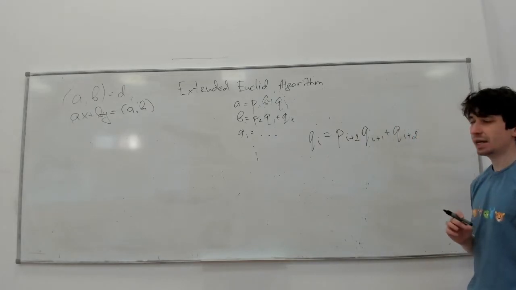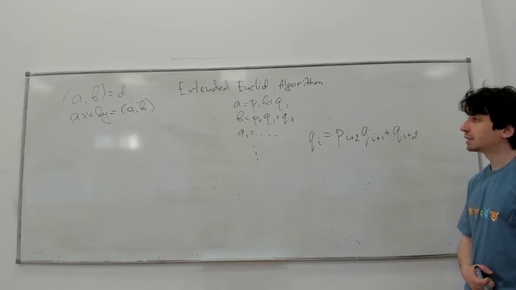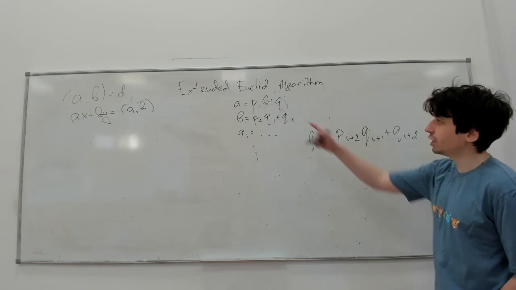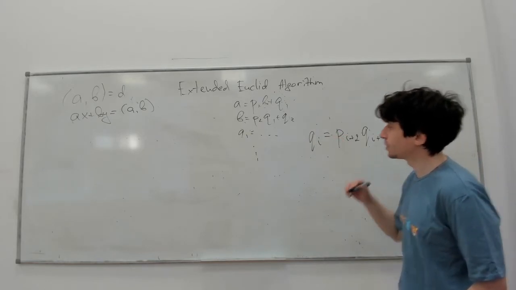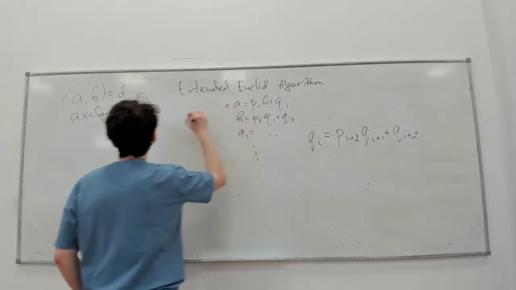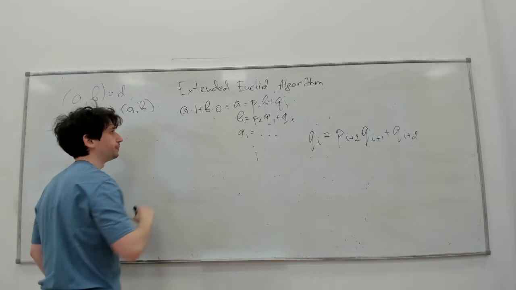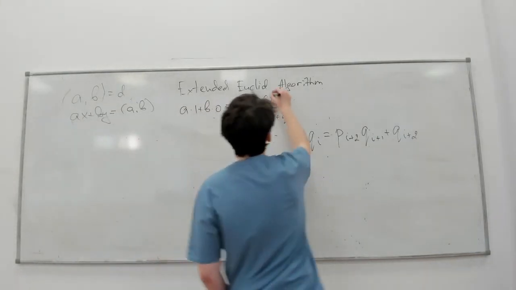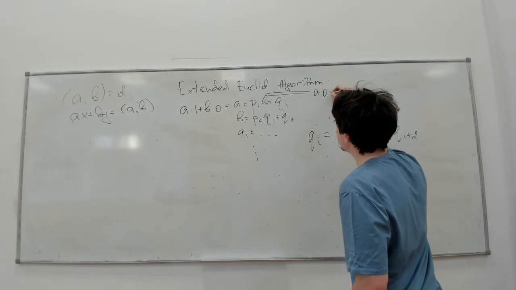Let us maintain the following thing through the whole algorithm: for each element, its representation in A and B. So this one at the beginning was A times 1 plus B times 0. This one is A times 0 plus B times 1.